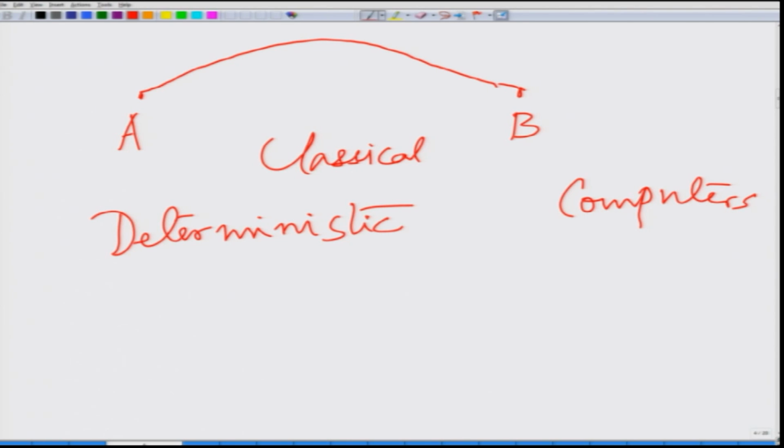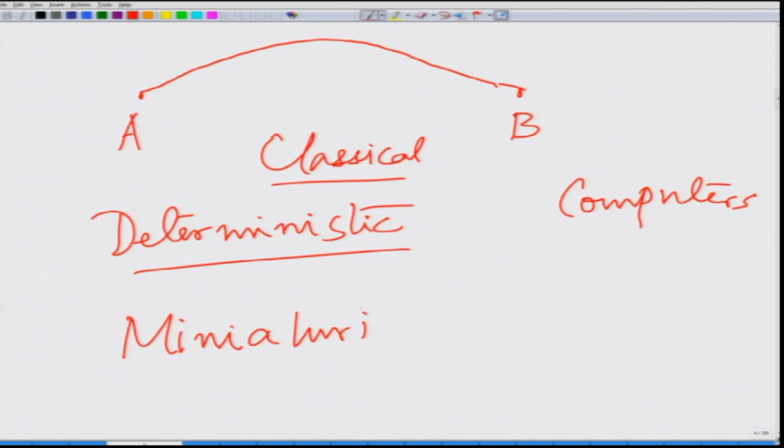When we go from this idea of being classical or deterministic to something where our problem becomes much smaller, we are looking at miniaturization. Then this idea of classical may confront length scales where classical mechanics will not work.